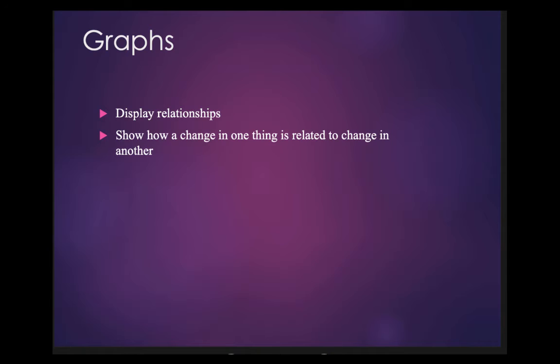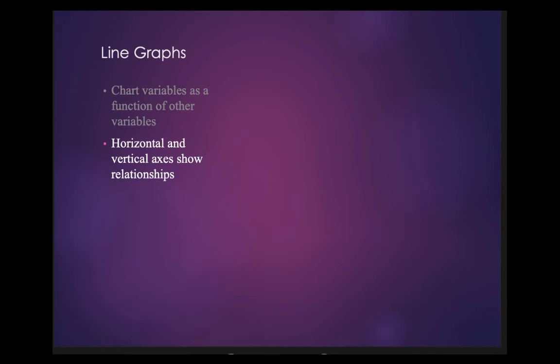The second type of visual aids is graphs, and these are great to show how change in one thing is related to change in another. So they're all about showing relationships, and we're going to examine 3 types of graphs as we move through this unit. The first type is line graphs. Information is plotted on X and Y axes, and you can use these to show complex or simple information, but of course simple is better.